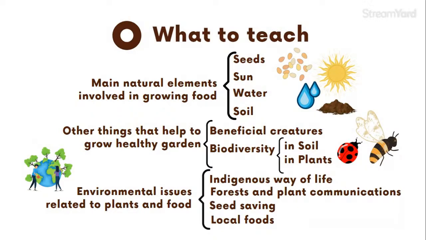So you can focus on teaching about seeds in one lesson. You can connect that to the science that you're teaching, social studies, language, math, health, all of those. Same thing about sunlight, same thing about water and soil.